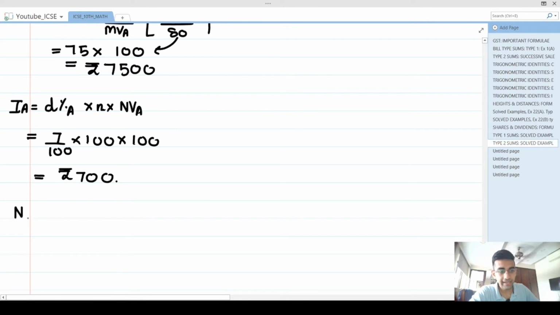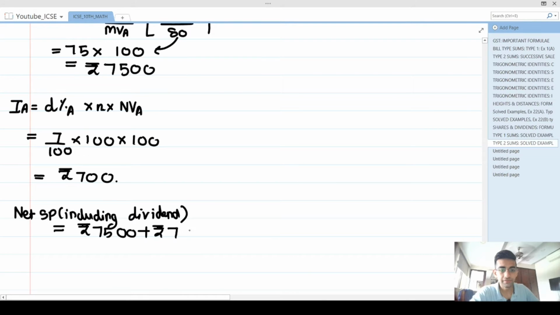So his net SP including dividend is equal to his selling price plus his income from the dividend. So this becomes rupees 8,200.